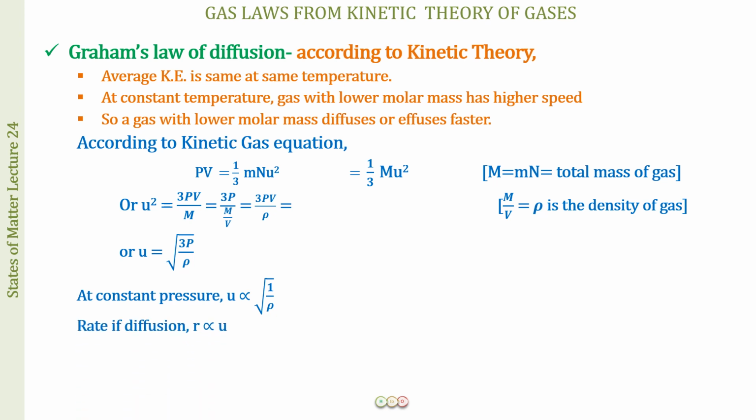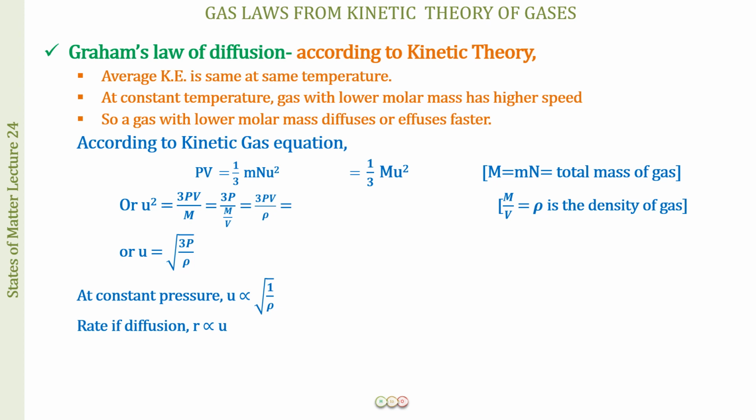And if we express the rate of diffusion as R, then this rate of diffusion is going to be proportional to the speed of the gas molecules. More is going to be the speed, more is going to be the rate of diffusion, less is going to be the speed, less is going to be the rate of diffusion.